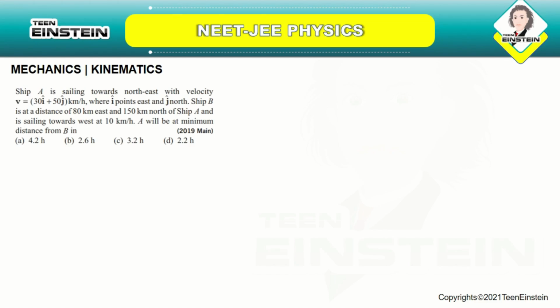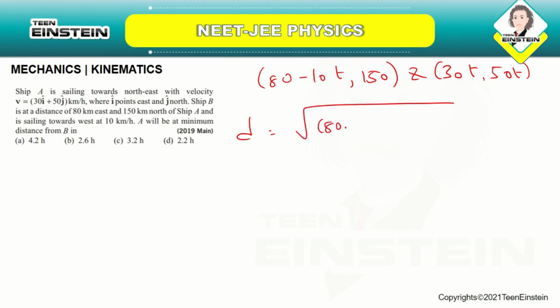So, here considering the initial position of the ship A as origin, after time t, coordinates of the ship A and B are at a position 80 minus 10t, 150 and 30t, 50t. So, the distance between A and B after time t is given by d is equal to square root of (80 minus 10t minus 30t) the whole square plus (150 minus 50t) the whole square.